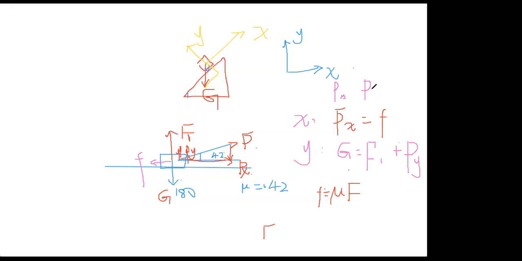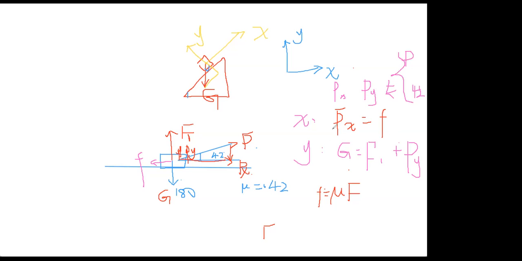Here there's no direct number for Px, Py. You have to calculate from P and the 42 degree, right? Yes. So these two, you have to calculate Px and Py, and then you write all this out. Now it becomes easier.